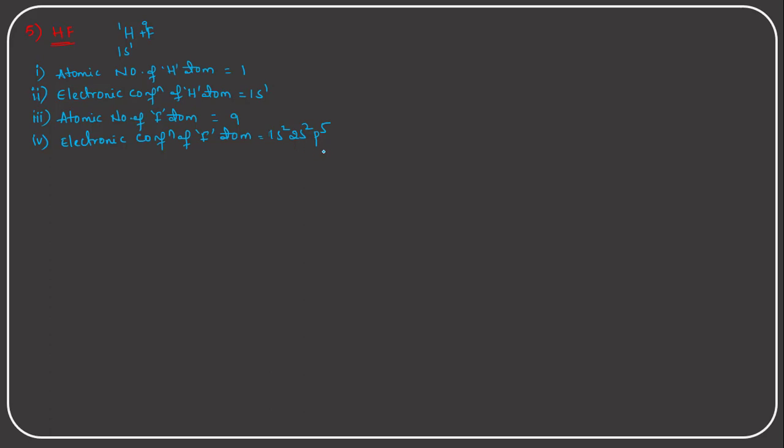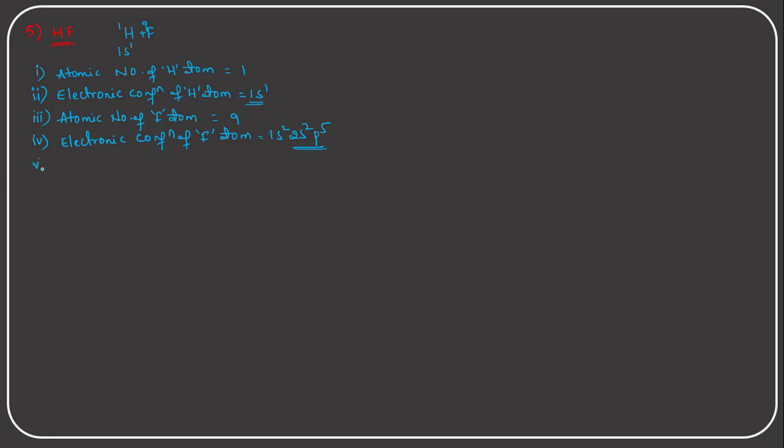So the p orbital has 5 electrons, and this is the outermost orbital for the fluorine atom. And what will be the outermost orbital here for the hydrogen? This has only one orbital, the s orbital, which has only one electron.